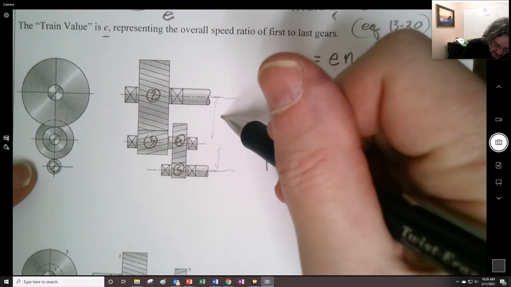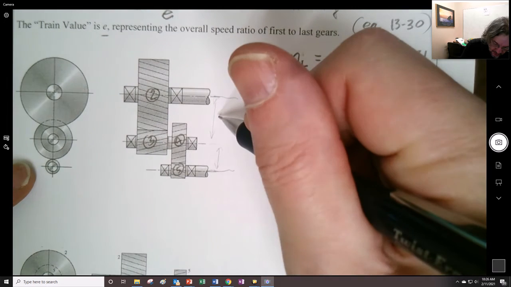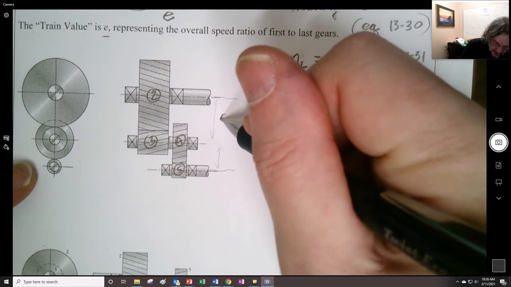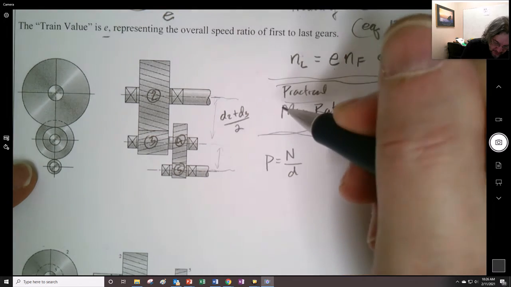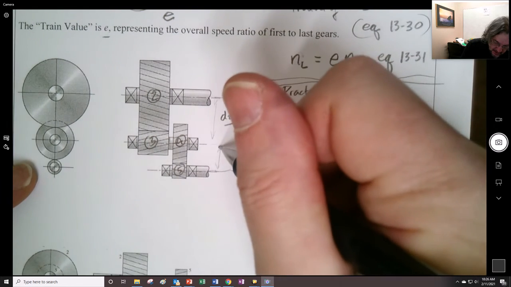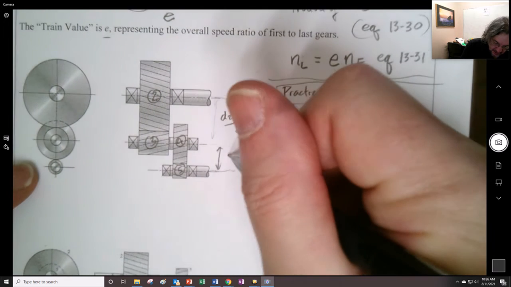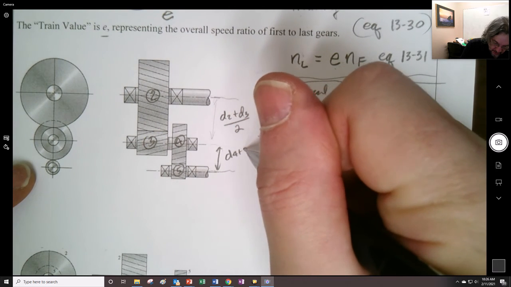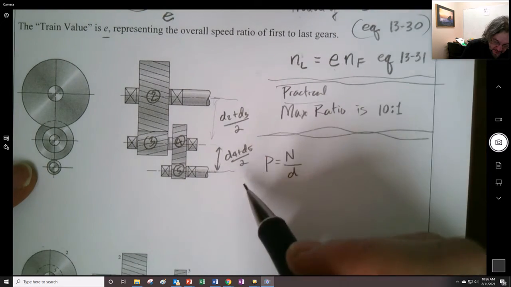The center to center distance between 2 and 3 is going to be D2 plus D3 over 2, right? And then the center to center distance between this shaft and this shaft is going to be D4 plus D5 divided by 2, right?